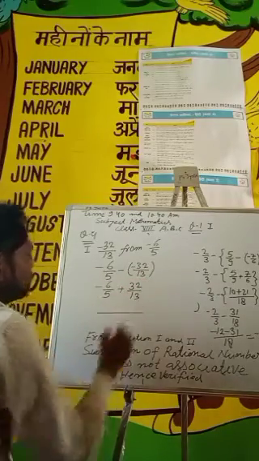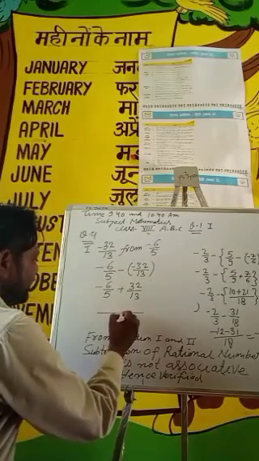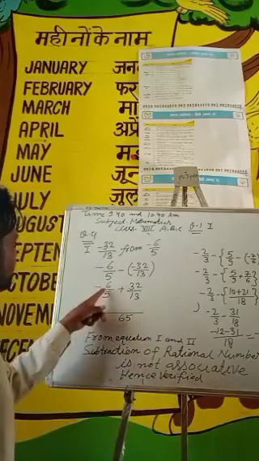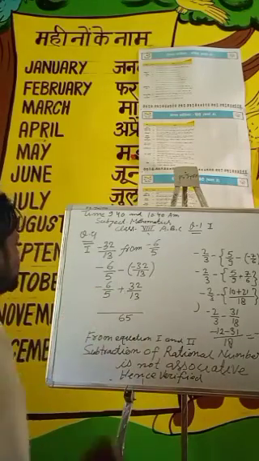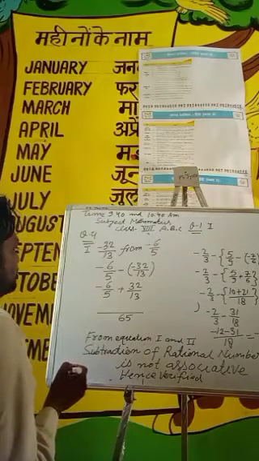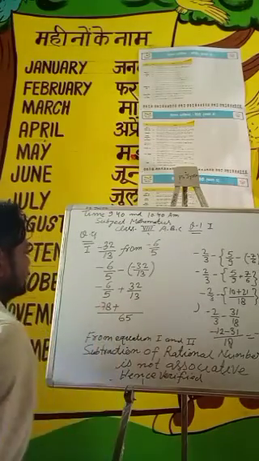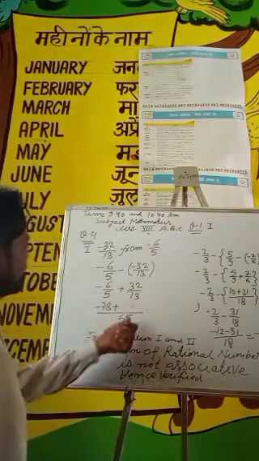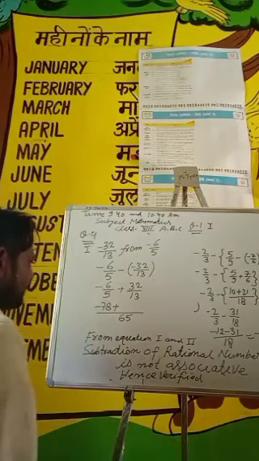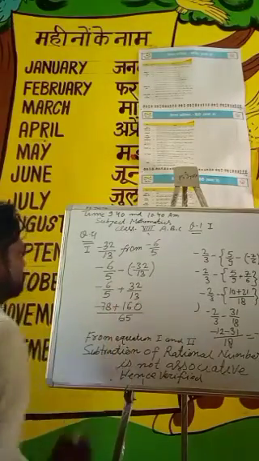The LCM of 5 and 13 is 65. 65 divided by 5, we will get 13. 13 multiplied by minus 6 is minus 78. 65 divided by 13, you will get 5. 5 2 is 10, 5 3 is 15 plus 1, 16.